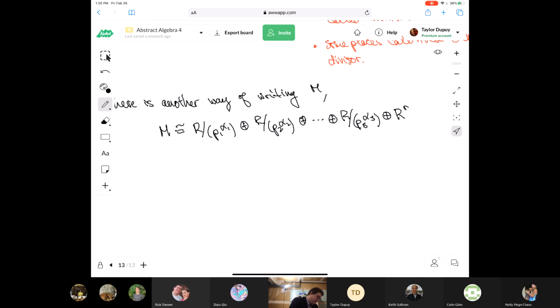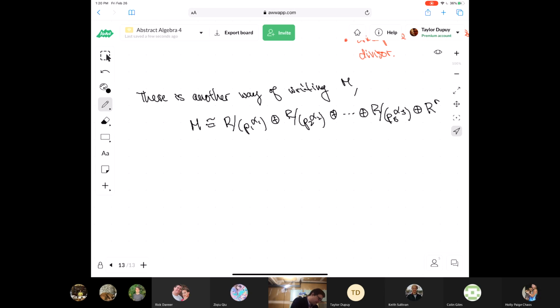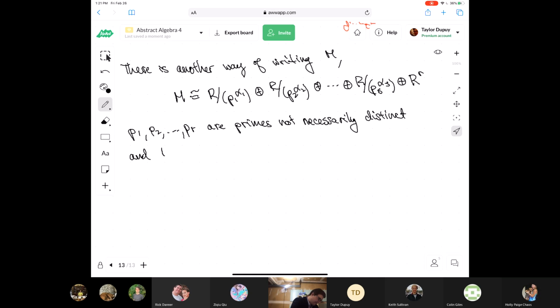So here P1, P2, through Ps are primes, not necessarily distinct, and these Pi to the alpha i are called the elementary divisors.